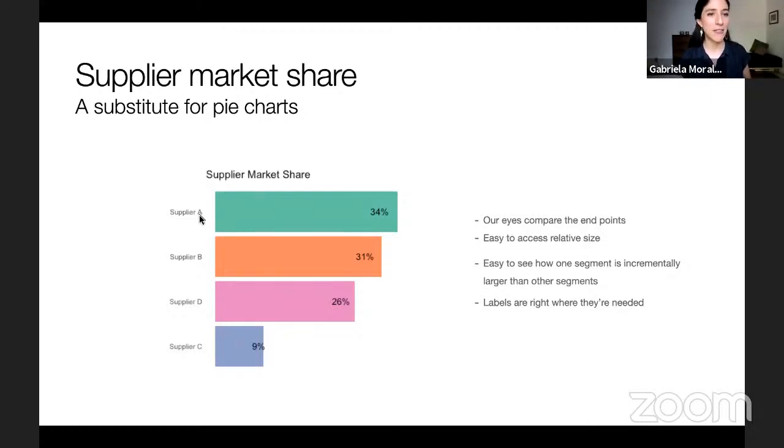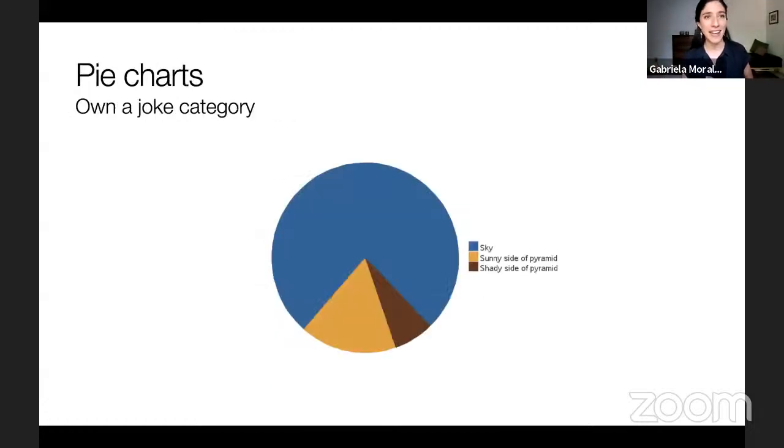Well, I want to tell you one thing pie charts are good for is jokes. So they own a joke category, and this one is my personal favorite. If you Google pie charts meme or pie charts joke, you'll get endless fun.